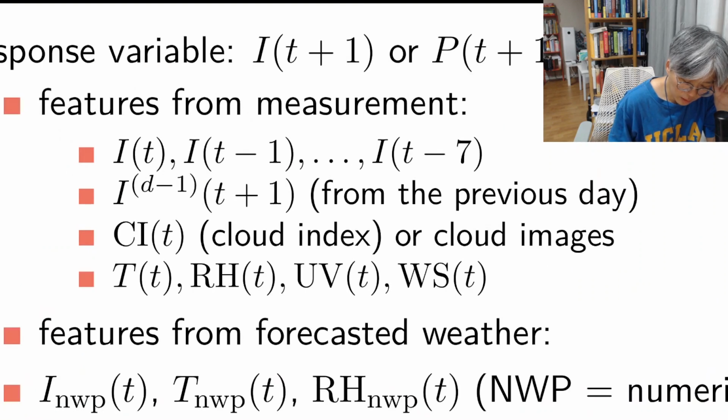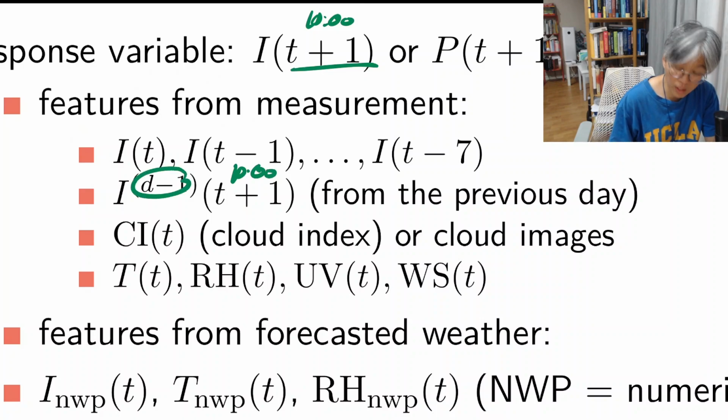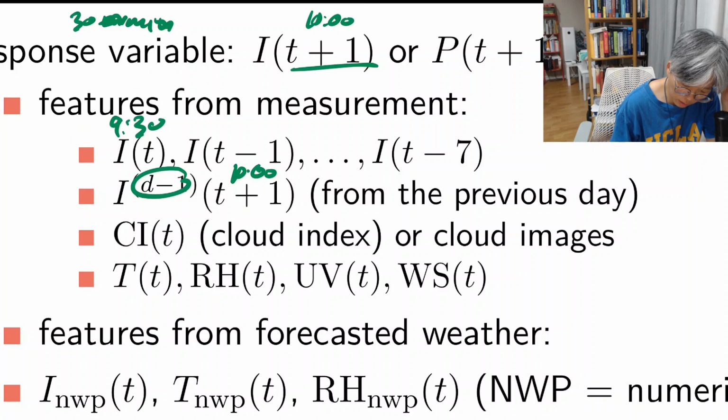This is the measurement of I at the same future time, but from the previous day. For example, if t plus 1 refers to 10 a.m., this is the irradiance of 10 a.m., but from the previous day. And if your resolution is 30 minutes, your I is from 9:30, 9, and so on.